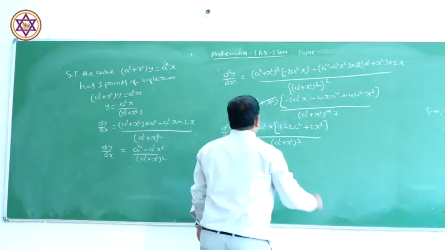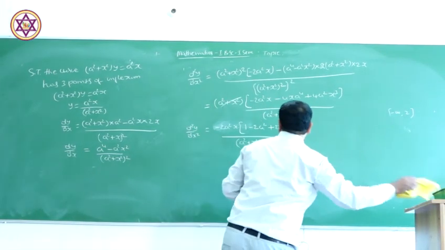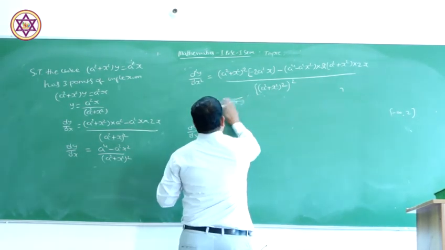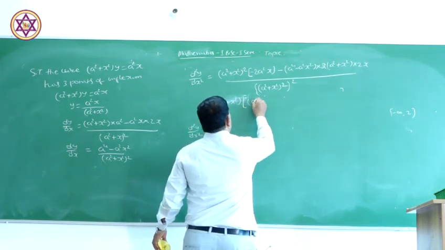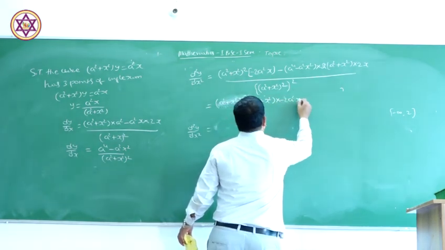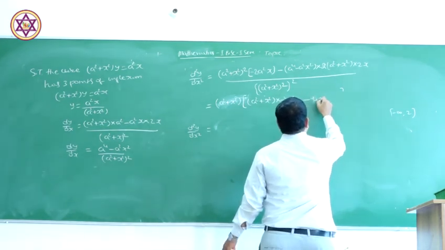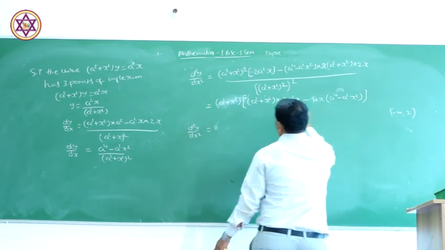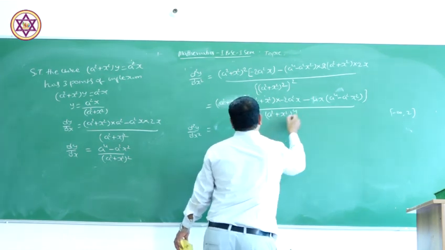So here from these two terms I am taking common. One term is missing here. If we take (a² + x²) common, (a² + x²) minus 2a²x. Next, 4x of a⁴, a²x², divided by (a² + x²) whole to the power of 4.